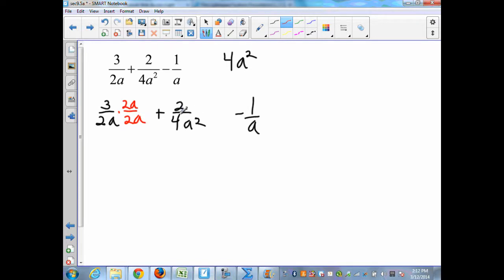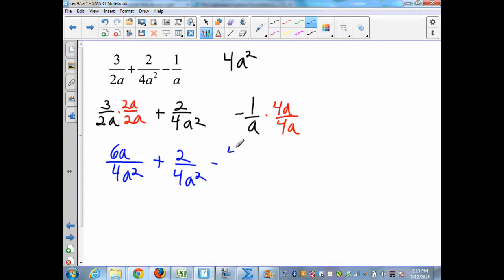In this fraction, I'm set with a common denominator of 4a squared, so I can leave that alone. And the last one I can multiply by 4a over 4a. And now when I simplify each product, I'm going to get 6a over 4a squared plus 2 over 4a squared minus 4a over 4a squared.